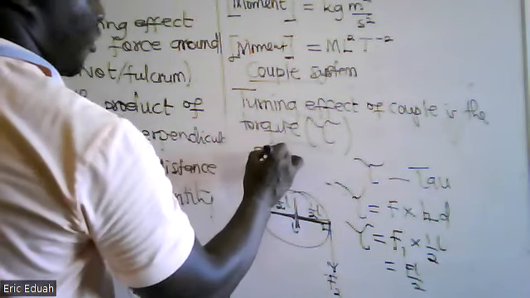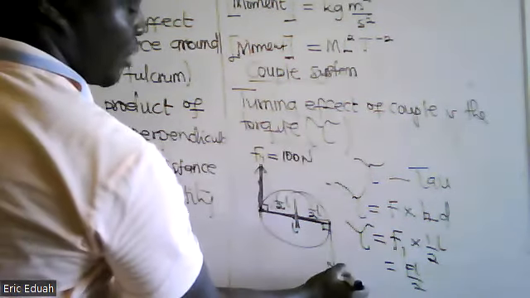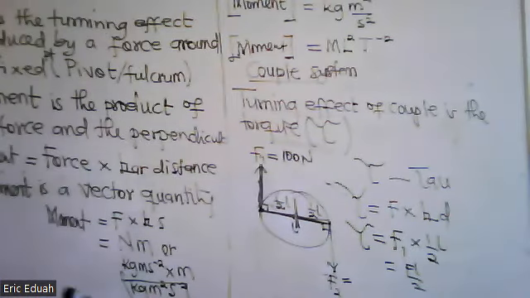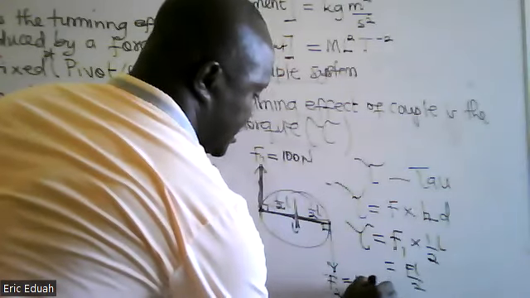Example, assuming this force is 100 Newton. Eliana, what will be F2? If F1 is 100 Newton and they create a couple system, what will be F2? 100 Newton. Good. So this is also 100 Newton.